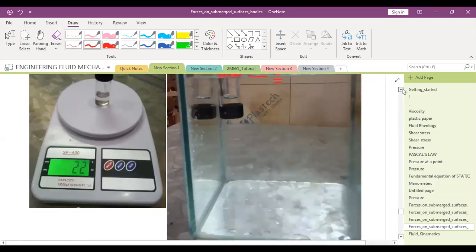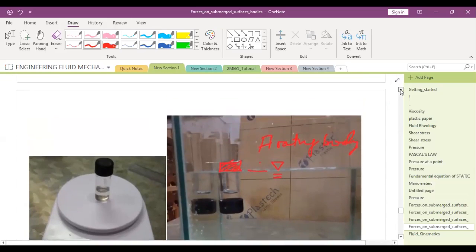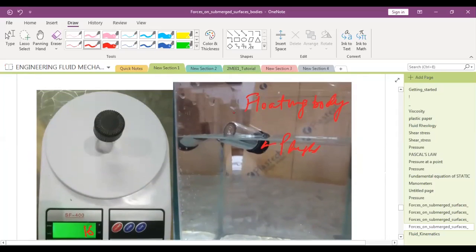Now depending on, अब मुझे बात बताइए, इस पूरी बॉडी की डेंसिटी अगर मैं बोलूं रो बी, दिस शुड बी लेस देन, ग्रेटर देन और इक्वल टू रो वाटर? Less than.